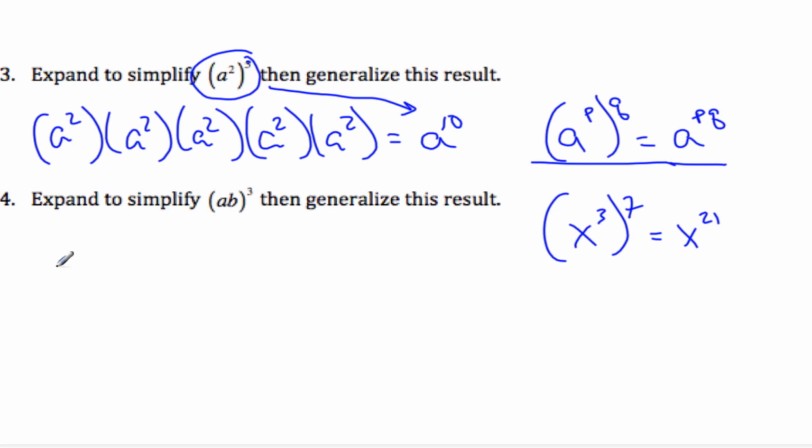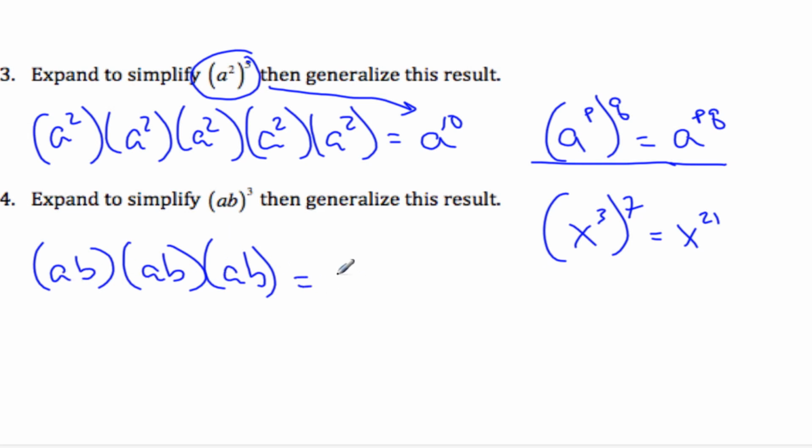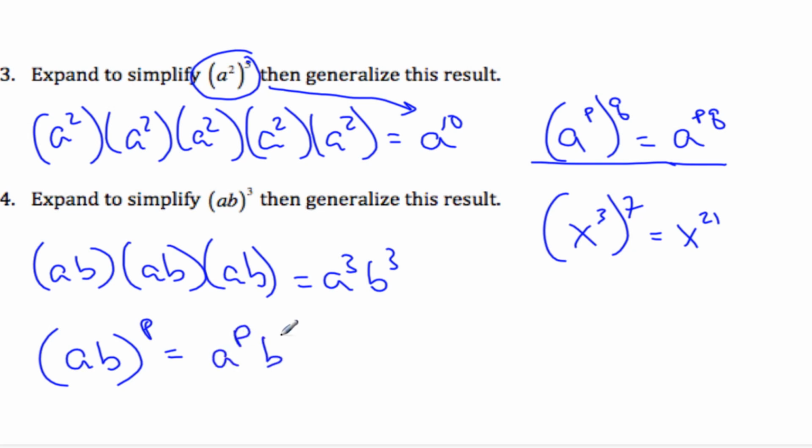ab cubed. Well, that's the same as saying ab times ab times ab. Well, if I look at the a's, that's a cubed. There's 3 of them. And there's 3 b's. So to generalize this rule, if I have ab to the power of p, it's just a to the power of p, b to the power of p.